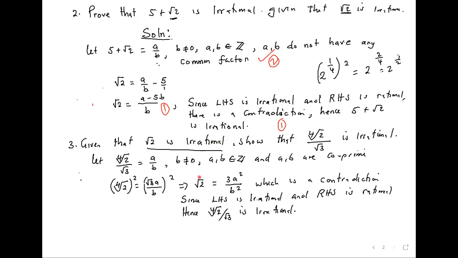Once you've managed to leave it alone, then you are done. Conclude, because whatever you are going to have on the right will be rational. And on the left, you are told it's irrational. That's where they separate. So you say, oh, okay, my left hand side is irrational. My right is rational. Hence a contradiction. And so this guy is irrational.